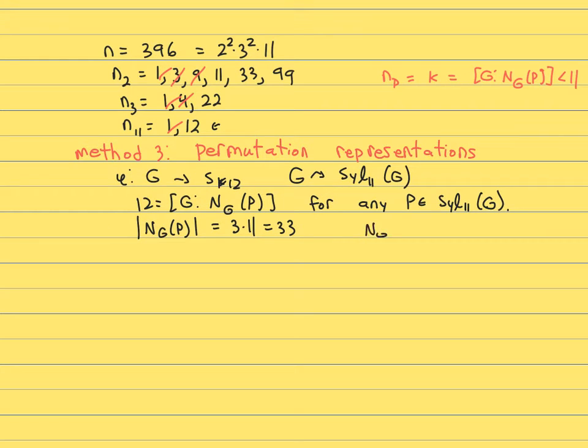On the other hand, the normalizer of P in G is a subgroup of the normalizer in S12 of phi of P. So we're identifying G as a subgroup of S12.